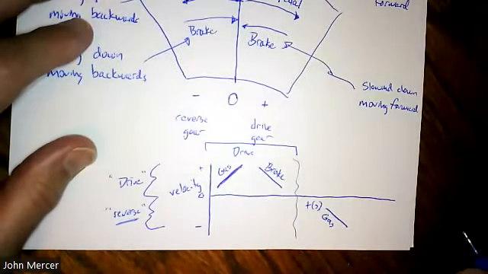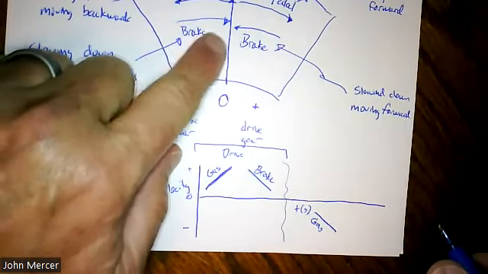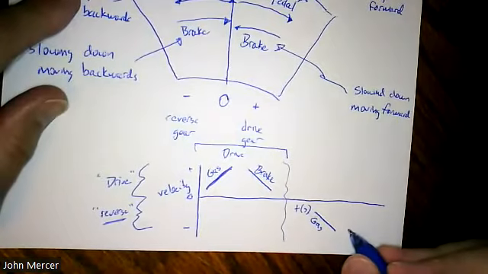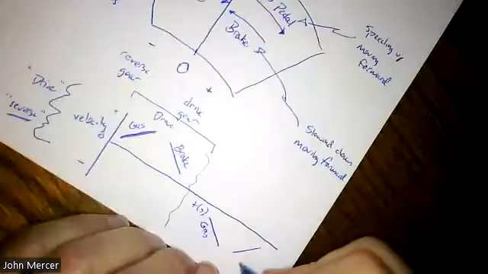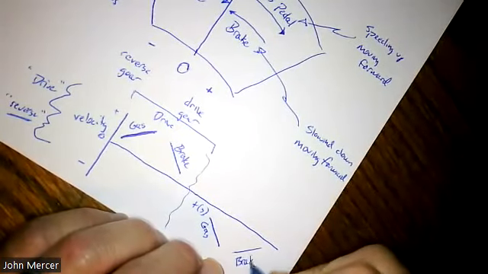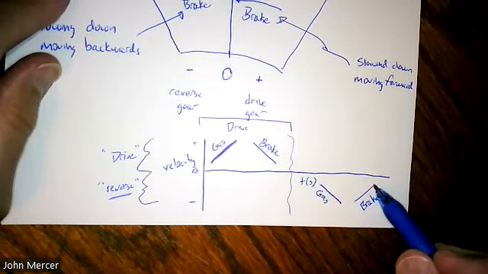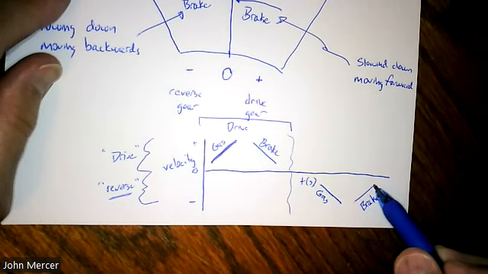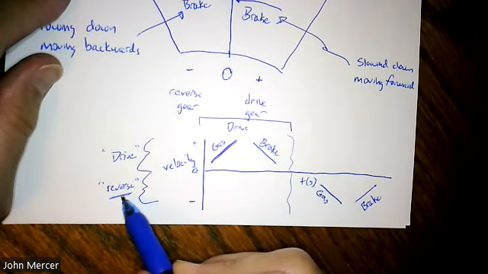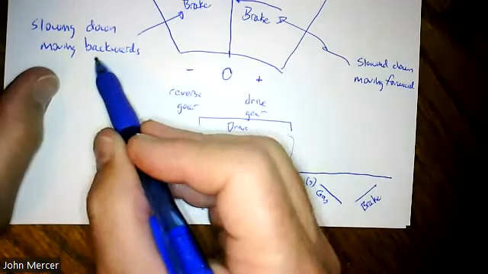All right, so now I step on the brake pedal and I'm in reverse gear and the speedometer goes back to 0. So now I get something like this. And I'm going to put brake here. What's happening kinematically? I'm slowing down while moving in the negative direction. I'm slowing down in the reverse gear. I'm slowing down, moving backwards.